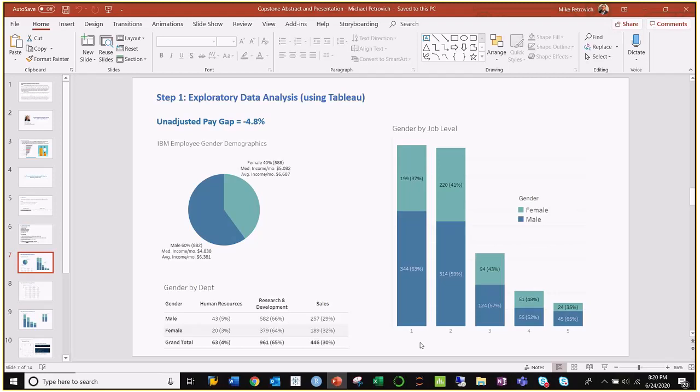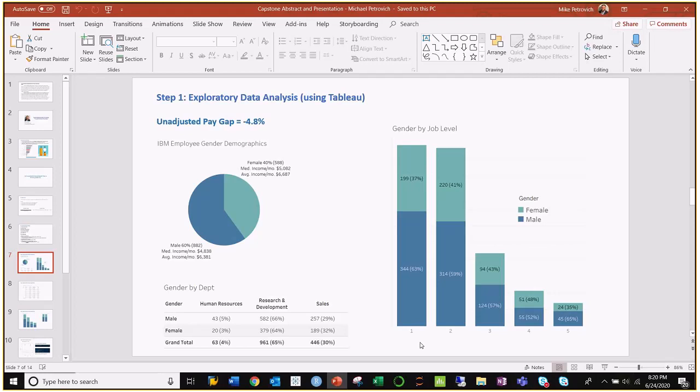So your chief executive or your chief officers. So yeah, I don't notice too much of a difference there between job levels 1 and 4. However, I think job level 5 may suffer a little bit from underrepresentation from a female standpoint.